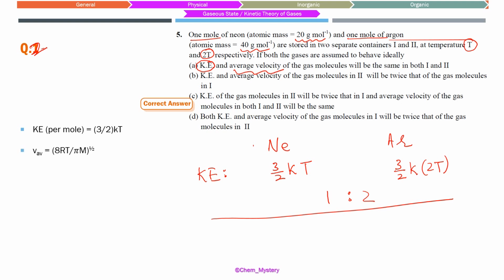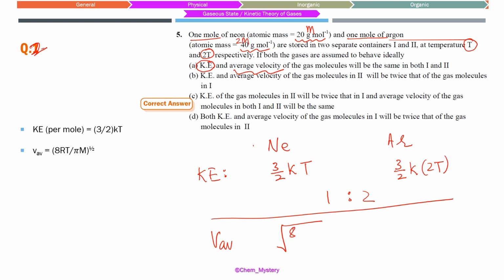Fine. Now going for the average velocity, we had got the formula for average velocity as square root of 8RT by pi m. Putting that here for the neon, if the molar mass here is m, that is 20, then for 40 argon, the molar mass is going to be 2m.